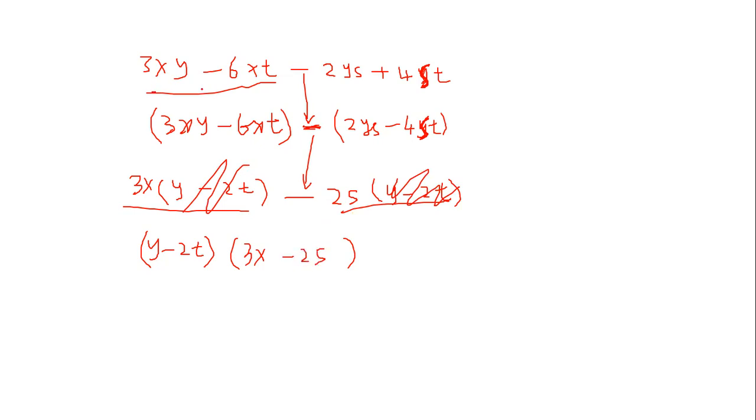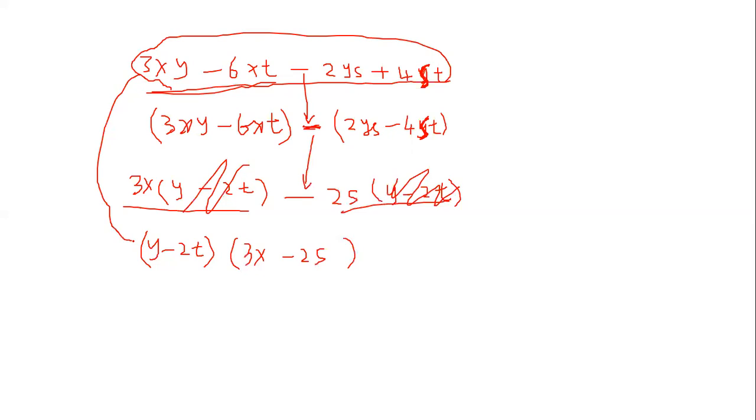So the factored form of this polynomial becomes these two factors, y minus 2t and 3x minus 2s. So that is how we do the grouping method to factor any 4 terms. Okay.